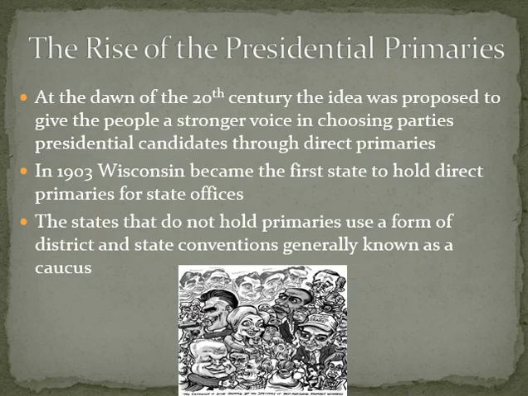In 1903, Wisconsin became the first state to hold a direct primary for state offices. Very important to know that. That is a test question. The states that did not hold primary elections would use a form of convention known as a caucus. That is also a test question and something that you need to know.